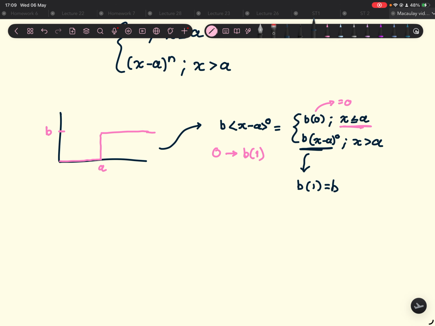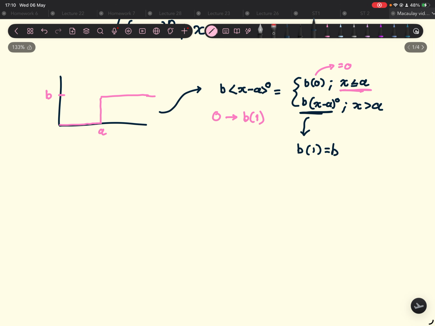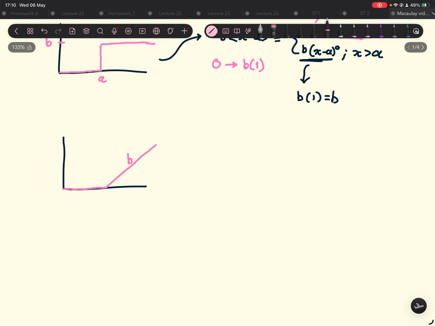So if you wanted to do another function, let's say you wanted b times x, so you wanted to express a graph that looks like this. It starts switched off, and then it continues up with some gradient b.